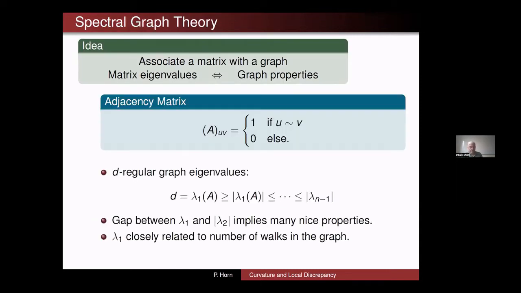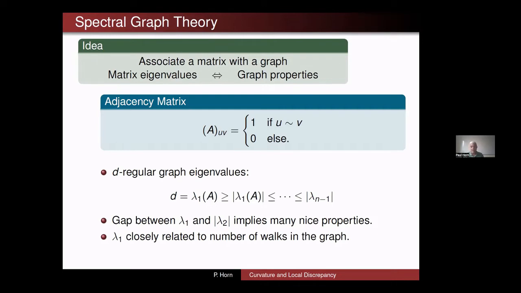I think I have to tell this audience that probably the most common way of doing this is via the adjacency matrix. The adjacency matrix is particularly nice for regular graphs, where you can explicitly understand the largest eigenvalue. It is the degree.